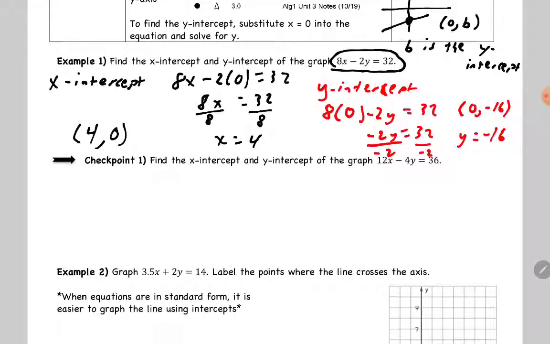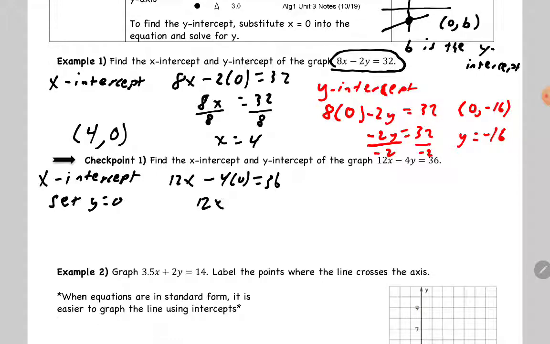Alright, let's do another one. X-intercept, set y equal to 0. So 12 times x minus 4 times 0 equals 36. So 12x equals 36. Since we're multiplying by 12, we divide by 12 to both sides and get x equals 3.